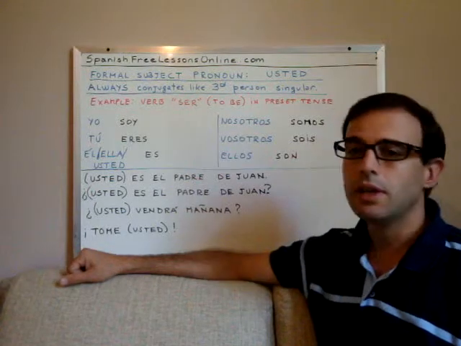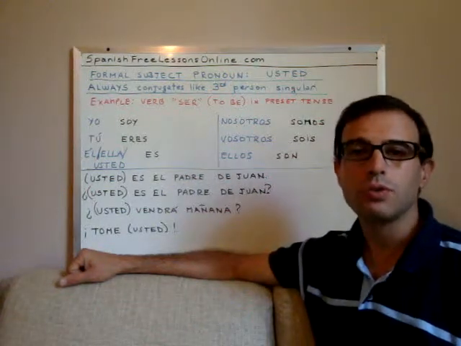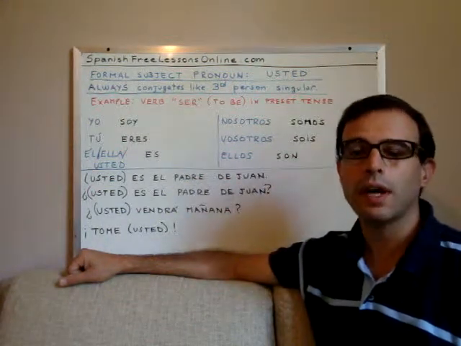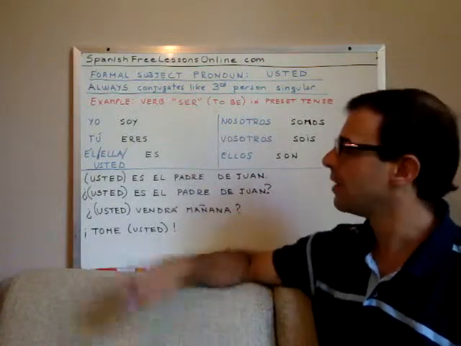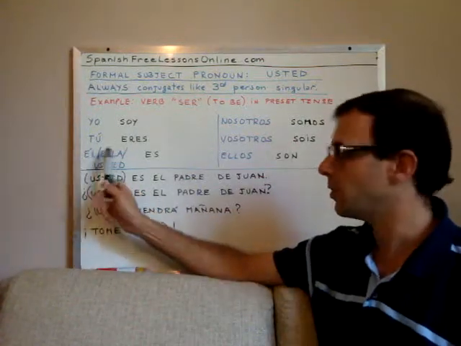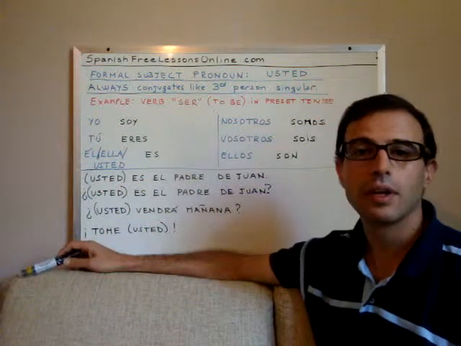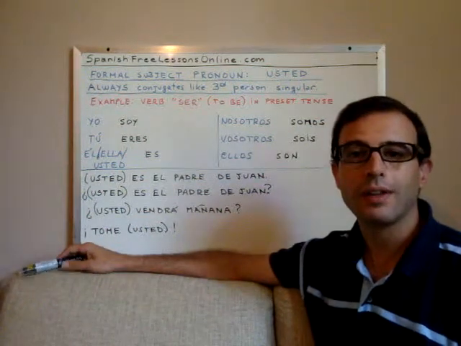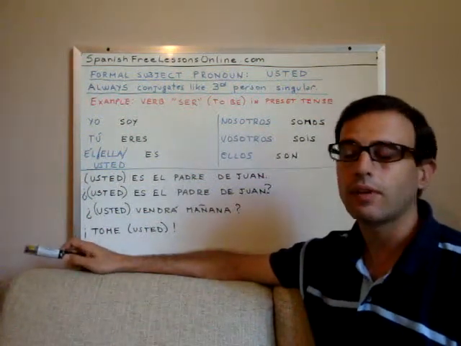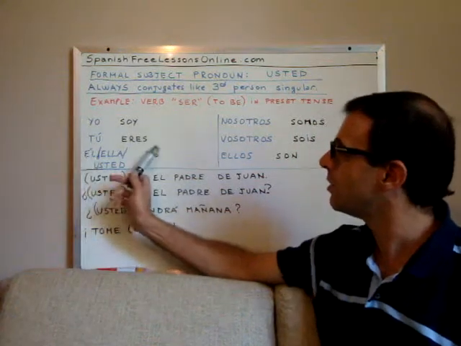And it is very easy because usted conjugates always exactly the same as él or he or ella, right? That means it conjugates exactly the same as the third person of the singular, okay?